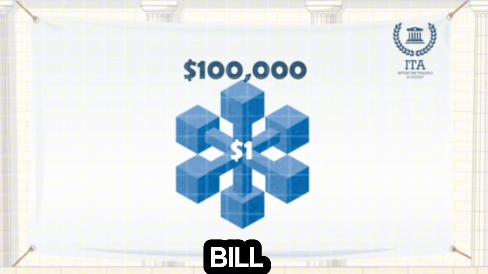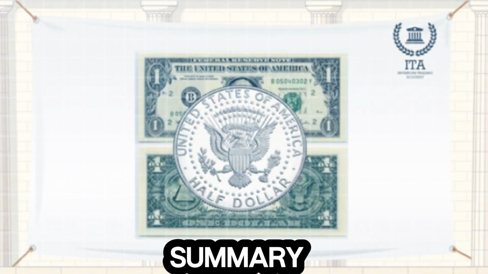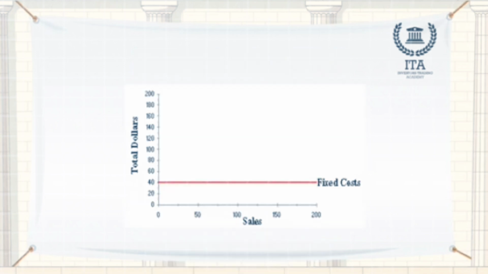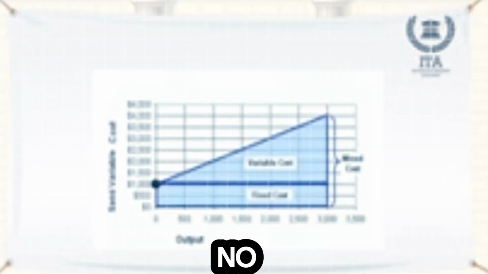A company must pay bills each month for rent, heat, interest, salaries, and so on, regardless of output. Fixed costs are costs that don't change with the quantity of output produced. That is, they have to be paid even if there is no production output at all.